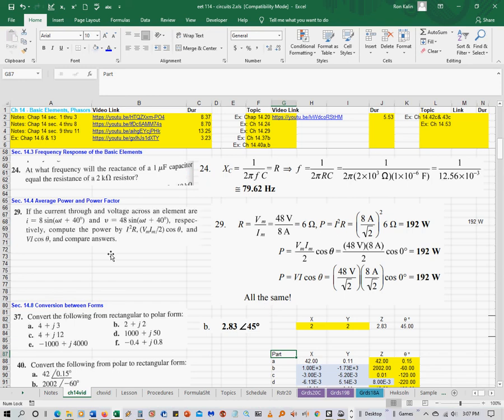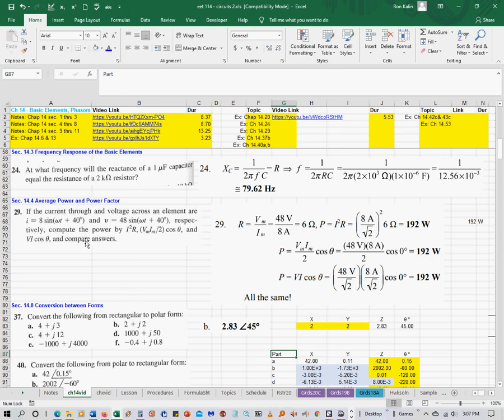And the last method, VI cosine theta. Here they're not putting a subscript on this V and this I, and they're capital, which is inferred to mean RMS.